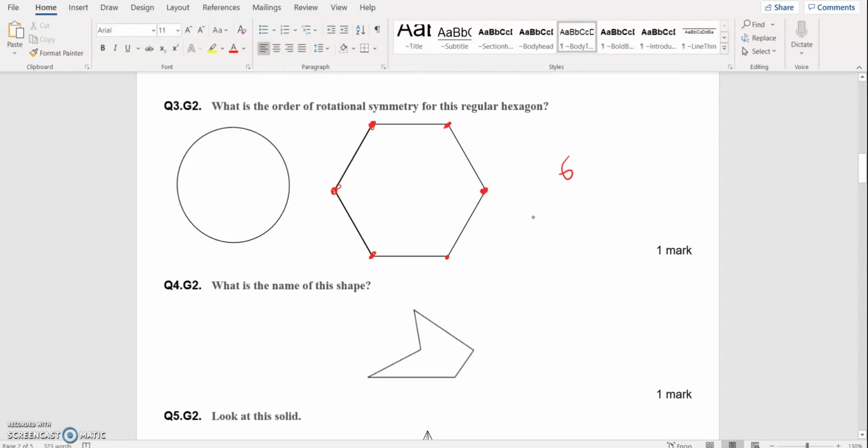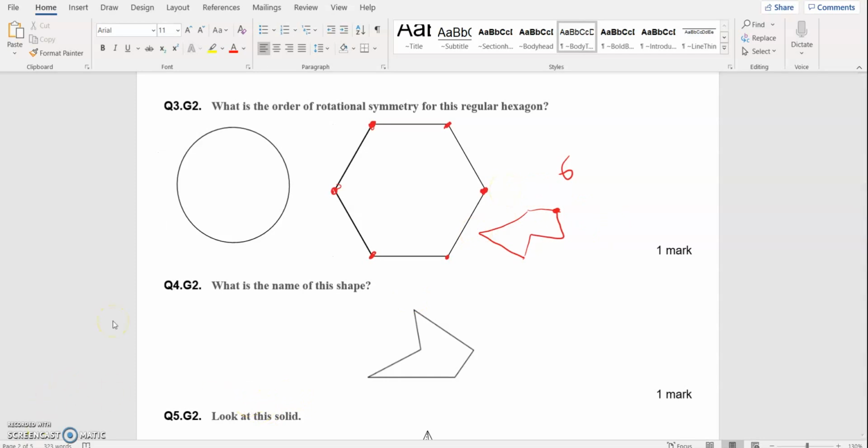So if I quickly draw an irregular shape, and this is the starting point, for example, you can rotate the shape and no doubt it will come to this point after you've rotated it 360 degrees. So the minimum order of rotational symmetry number would be 1.